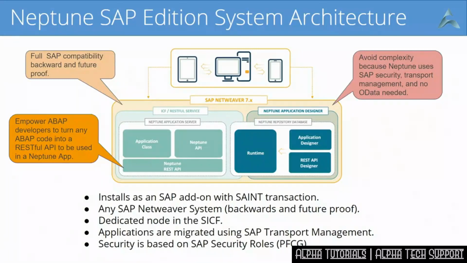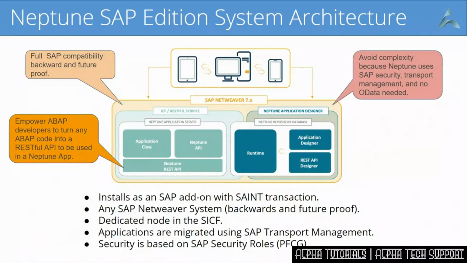So with Neptune, the first Neptune app that we deployed in our proof of concept, we used one ABAP developer, and we sent them to a course that lasted 3 days. After the 3-day course, they came back, and in 3 weeks they developed a full Neptune app.